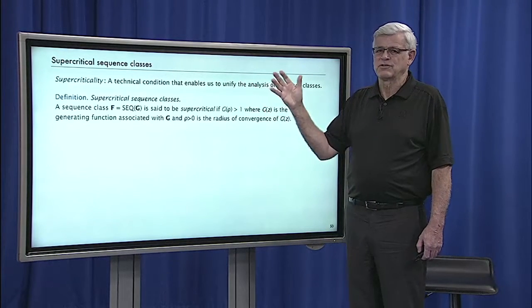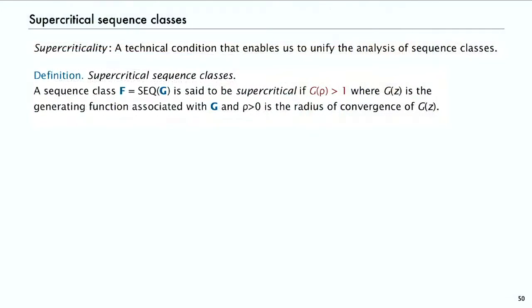So for sequence classes, it's the idea of supercriticality. So what we're going to talk about is supercritical sequence classes, where we mix up the formal and the analytic. And we're going to say that a sequence class is supercritical if you look at the generating function of the G class, the component class, you have its generating function g of z, and it's got a radius of convergence.